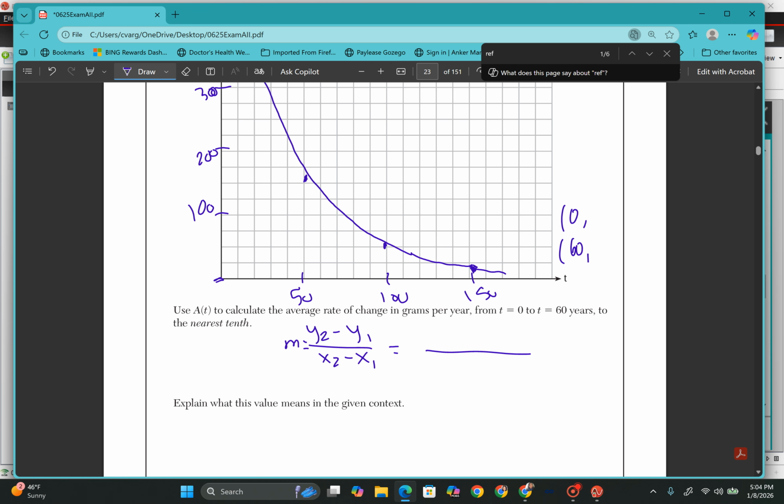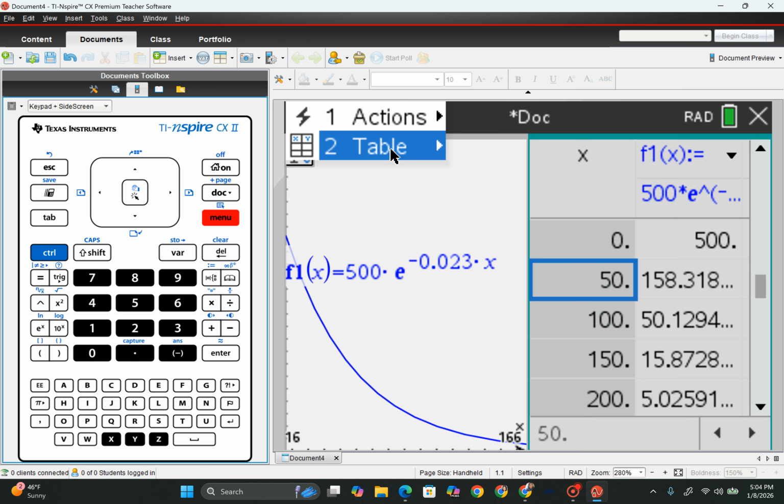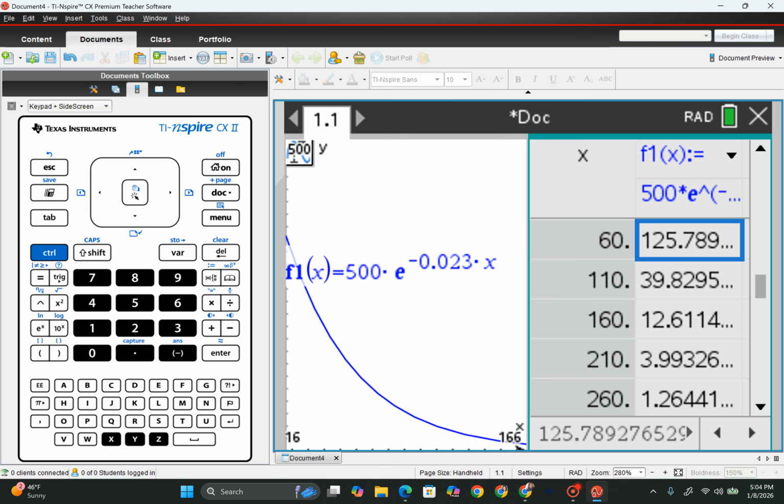And what number is across from 60? Right now I can't see that. So I go back to menu, go to table, edit table settings, and say I want to know what 60 is. Across from 60 is 125.789. At the bottom right here, I can see the whole number. I can do a Control C here, and then bring it back into my calculator.